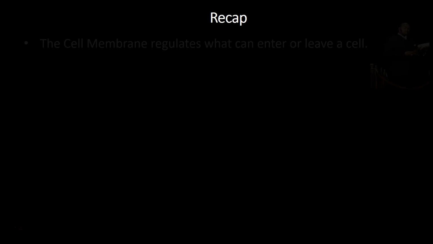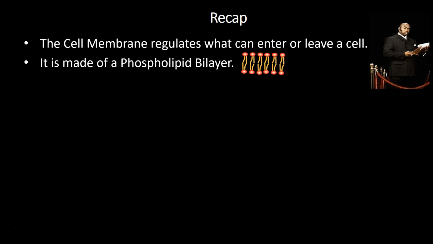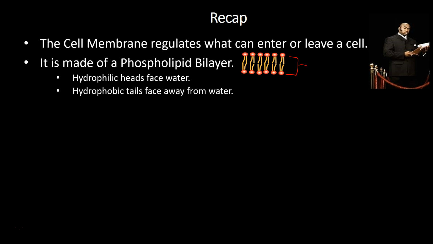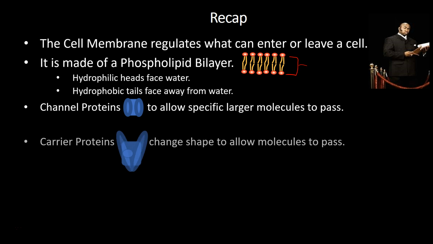And if we were to do a quick recap, the cell membrane regulates what can enter or leave the cell, similar to a bouncer. It's made of a phospholipid bilayer. There's two separate layers. It has hydrophilic heads, which face water, and hydrophobic tails, which face away from water. Embedded in the membrane are channel proteins that allow larger molecules to pass through. There's also carrier proteins that actually change shape once specific molecules bind to them.